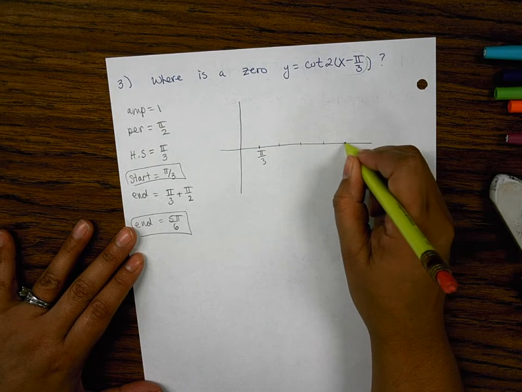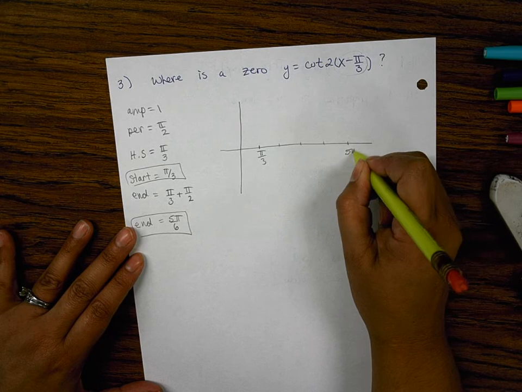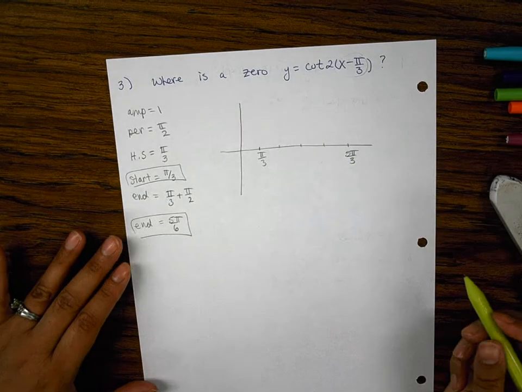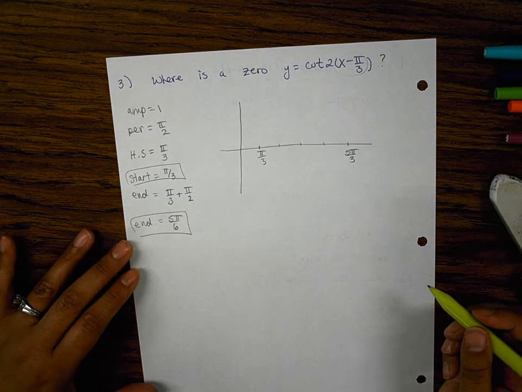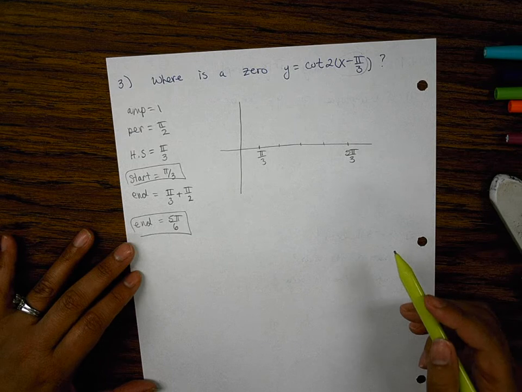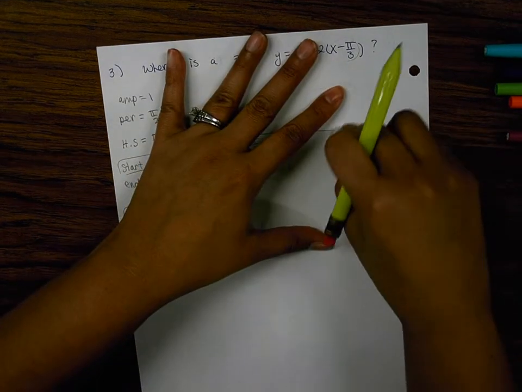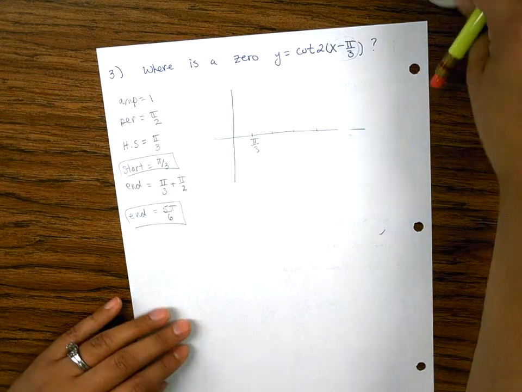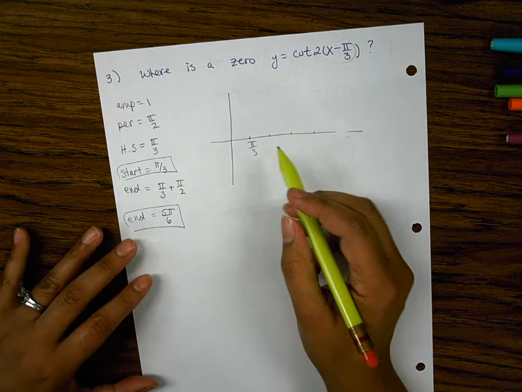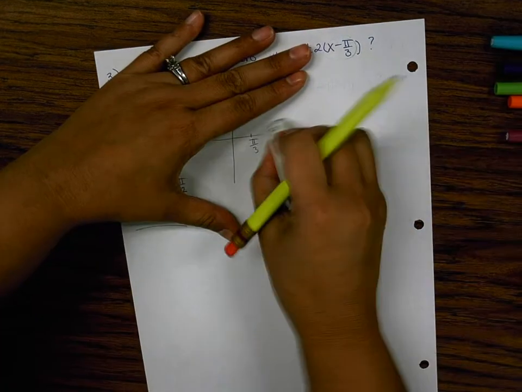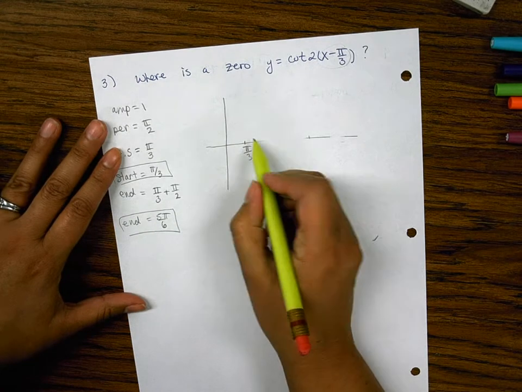Start is pi over 3. Nope, it's 5 pi over 6, so I'm going to start over.